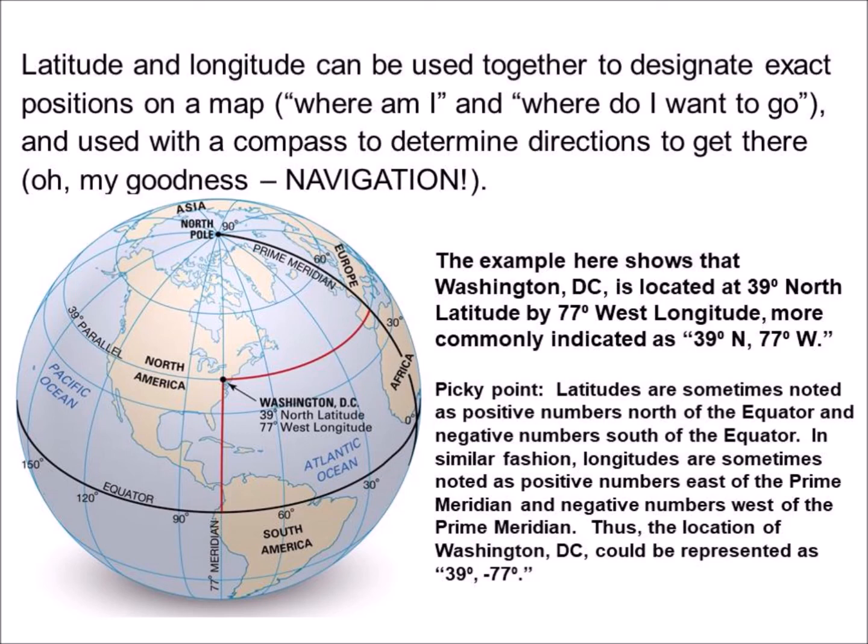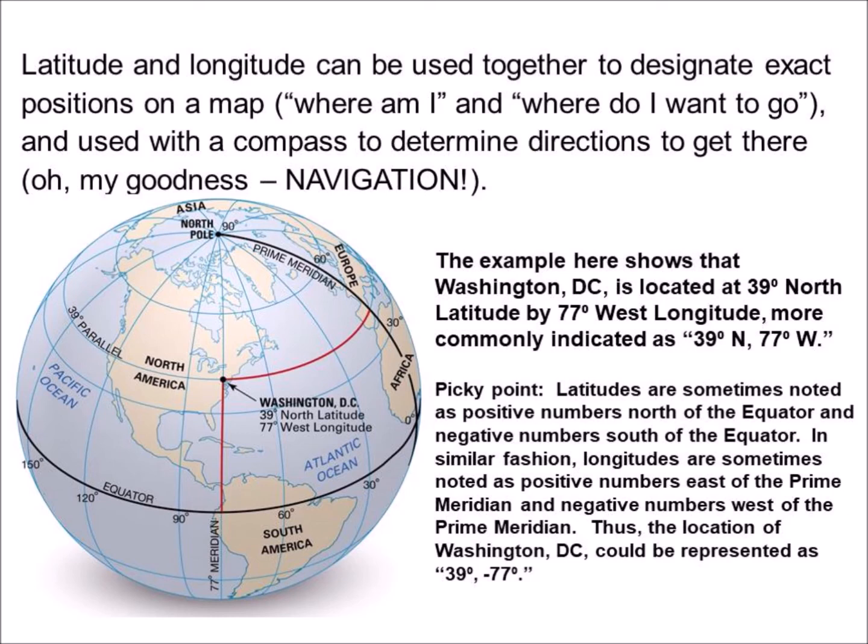Now, picky point. Latitudes are sometimes noted as positive numbers north of the equator and negative numbers south of the equator. Similarly, longitudes are sometimes noted as positive numbers east of the prime meridian and negative numbers west of the prime meridian.